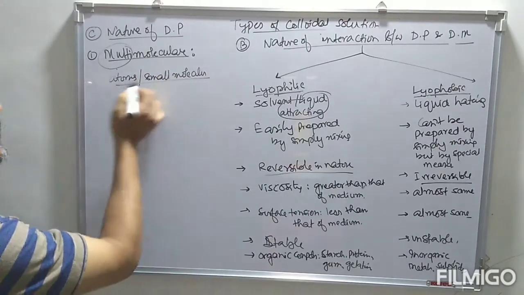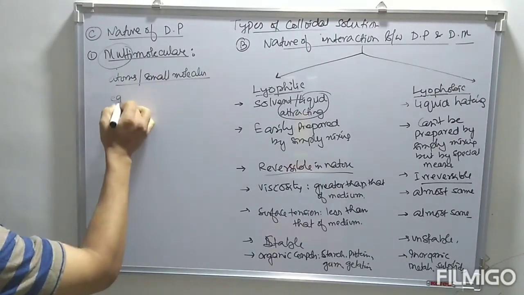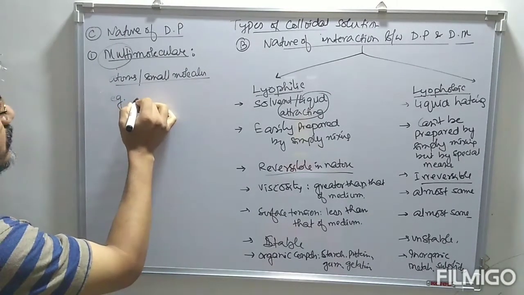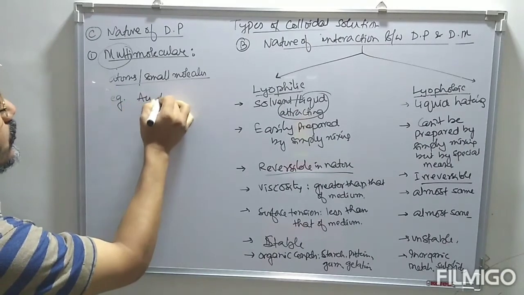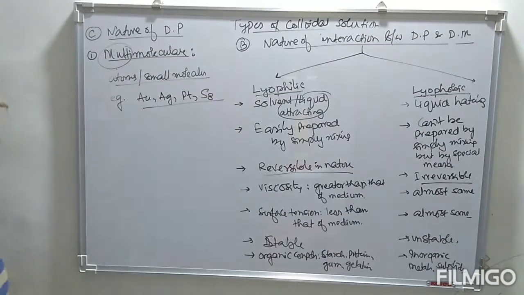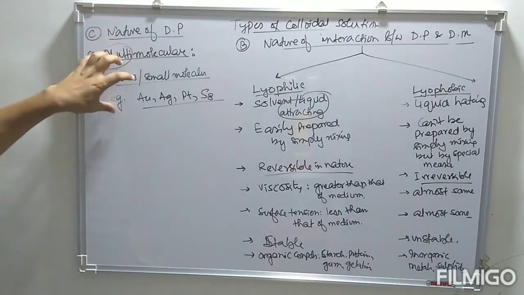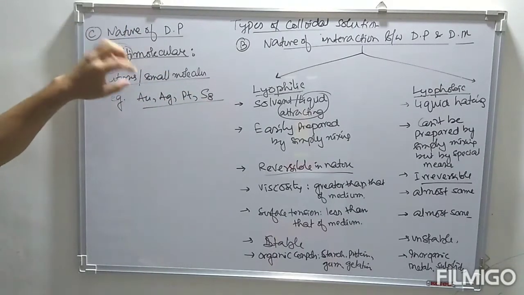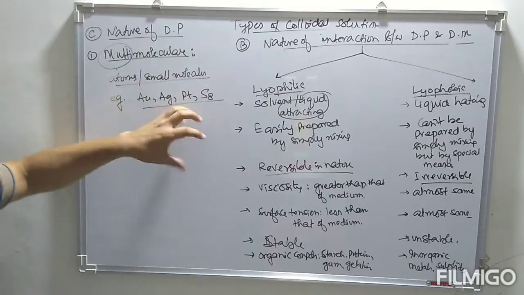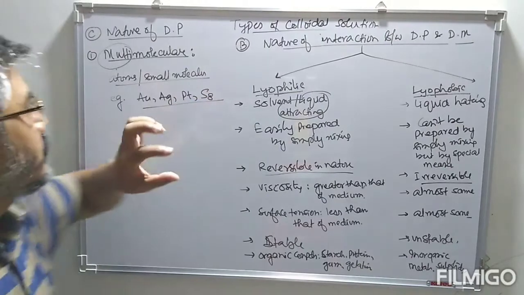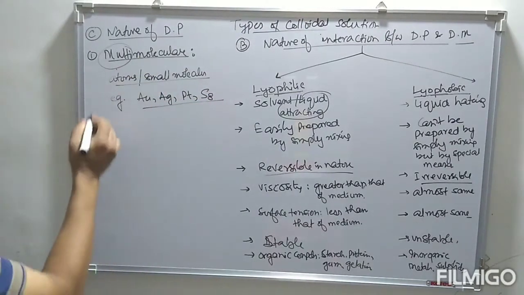For these multimolecular colloidal solutions, we have examples like colloidal solutions of gold, silver, platinum, sulfur, etc. In this we have molecules of sulfur aggregating to form colloidal size. We have atoms of gold, silver, platinum aggregating to form bigger particles whose size falls in colloidal range. So we have this multimolecular.